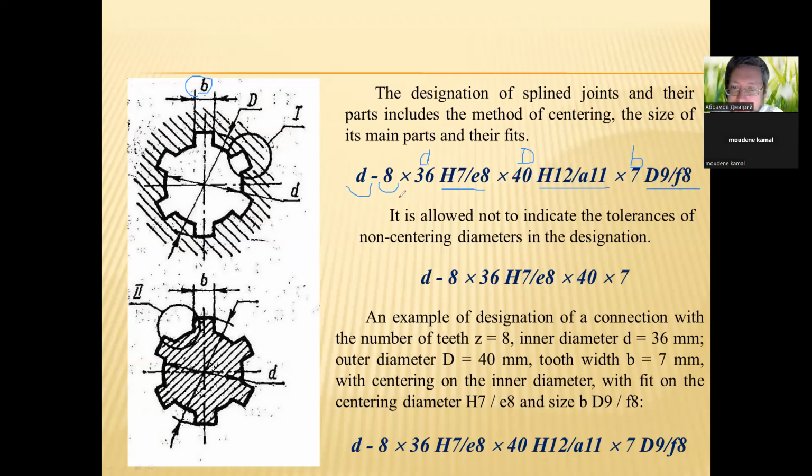It is allowed not to indicate the tolerances of non-centering diameters in the designation. One variant of the designation of spline joints is without parameters on non-centering diameters. Our connection is centering by small d, inner diameter.